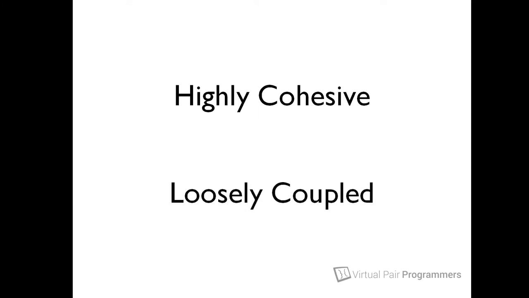These are two of the most important principles in software development and very relevant to microservices. Let's look at each of the principles. Highly cohesive. Well, I've already really covered that by saying that each microservice should be handling one business requirement. Cohesive means that a microservice should have a single set of responsibilities.